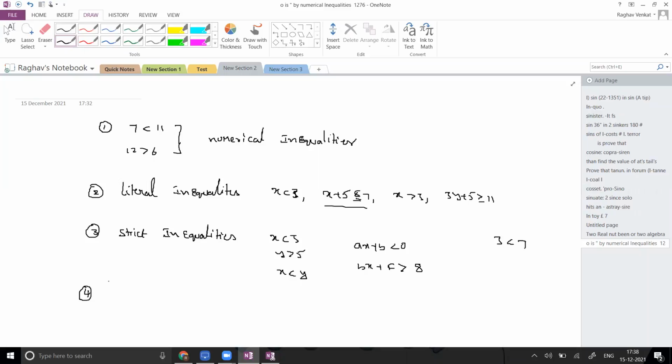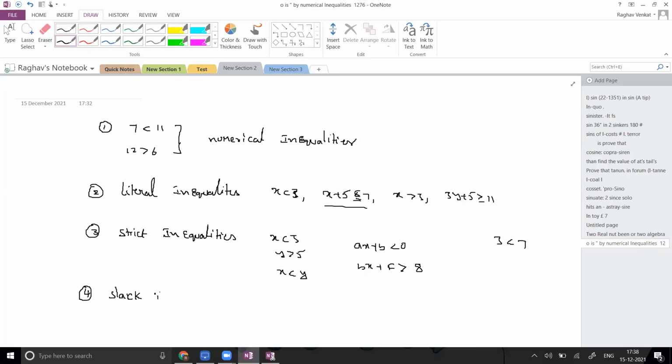Opposite to strict. Slack inequalities. Slack, S-L-A-C-K. In physics, it has a different meaning. In physics, slack means the tension is not available in the string, it is under the string.